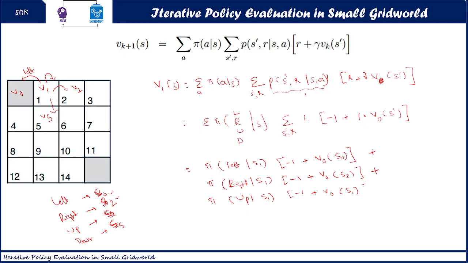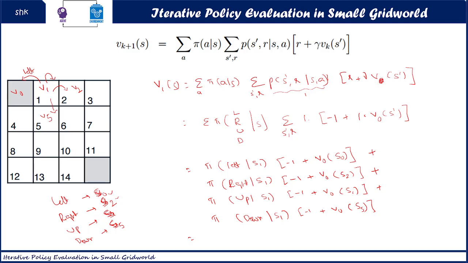So that is S1. Plus pi of the next action, downside for the S1 state, minus 1 plus V0 of. When we go towards the downside action, the next state is S5. So V0 of S5.